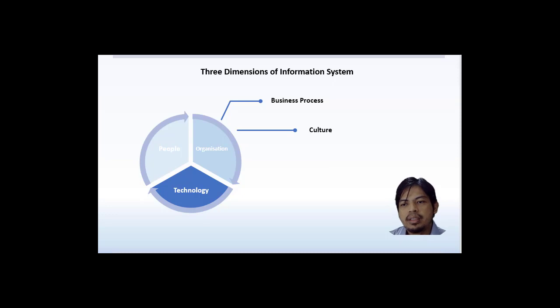For organization, it's about how the business will be integrated or work with the system, which is how this dimension plays a part in the information system through the company structure, the company history, and also the culture of the company itself.